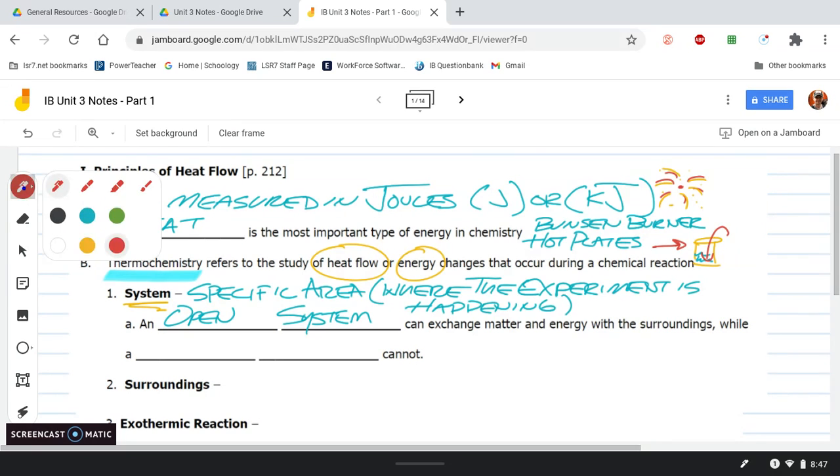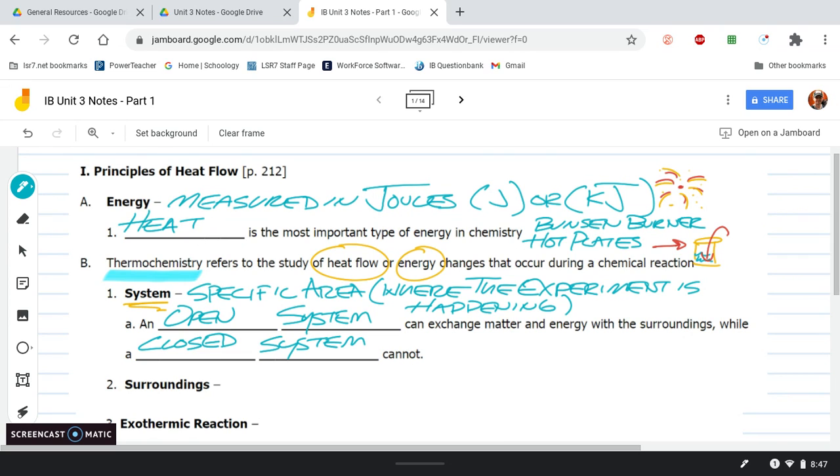Then we have the other system, which is the closed system. The closed system means that things from the environment cannot get in. So if you want a closed system, you're going to have a container, and that container has to be sealed so that nothing can get in. If you have particles trying to get in, they're just going to bounce off.